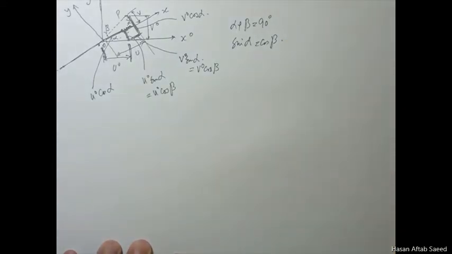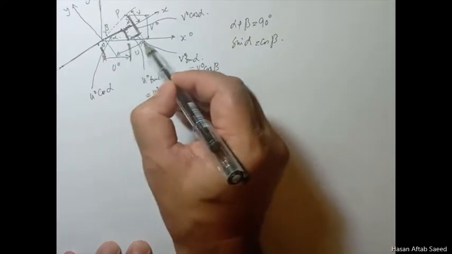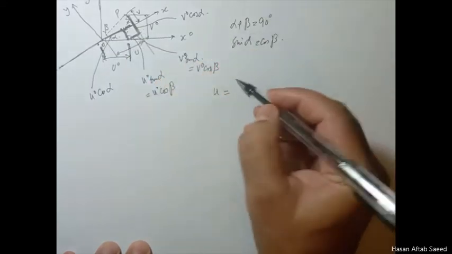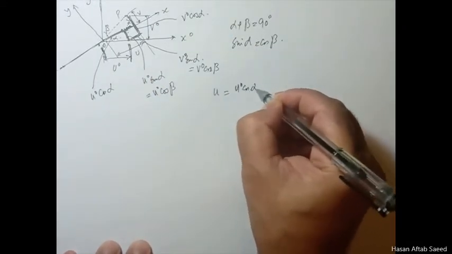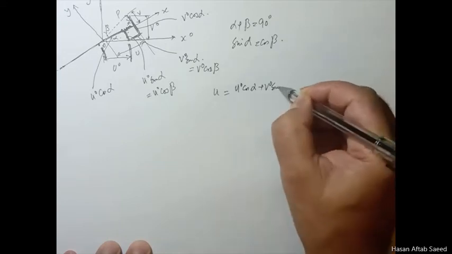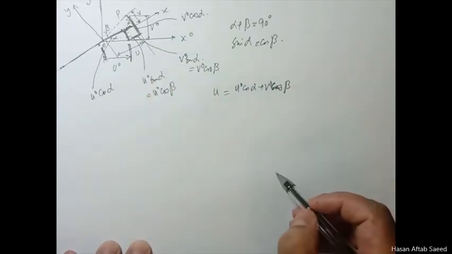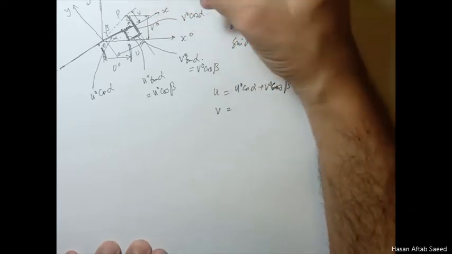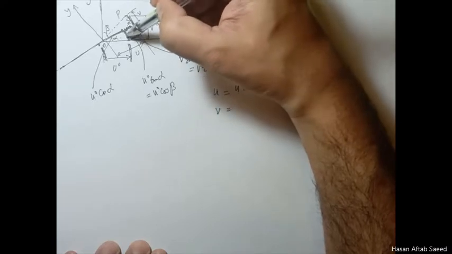Now we are ready for our transformation. This u is nothing but this plus this. We know what this is and what this is, so we can write u naught cos alpha plus v naught cos beta. Similarly for v, v is this minus this one.